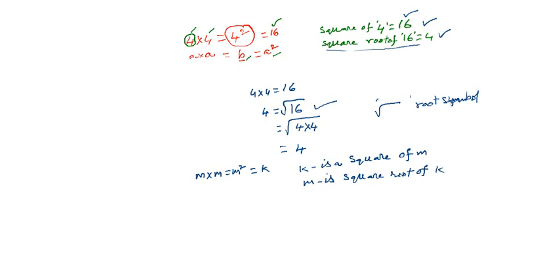You may always recall these 2 points, what I represent in the box. How is it? 4 into 4 is equal to 4 square, that is equal to 16. Here 16 is the square of 4 and 4 is the square root of 16. You may remember these 2 points.